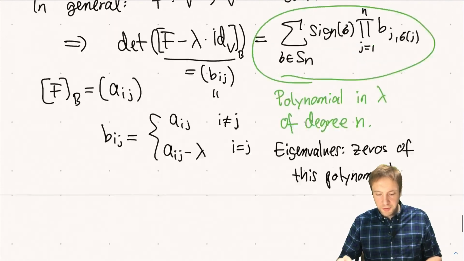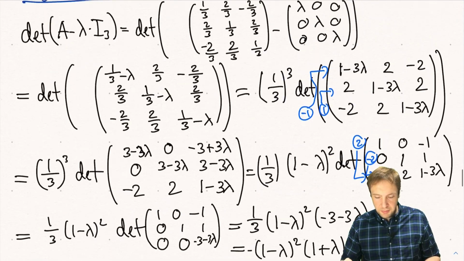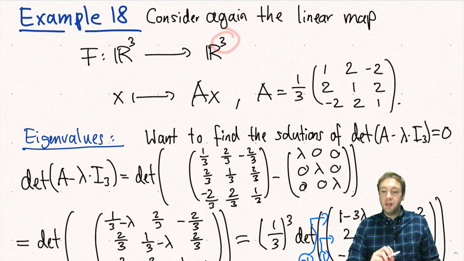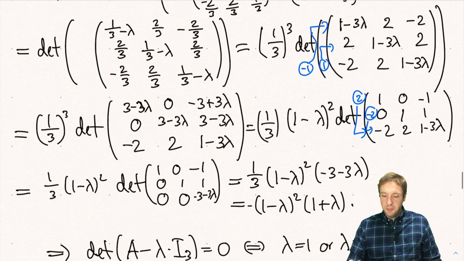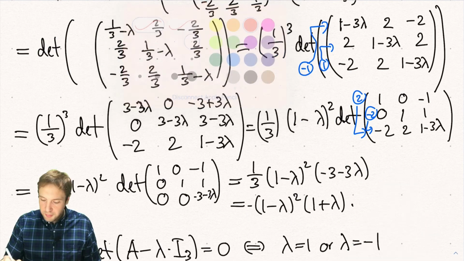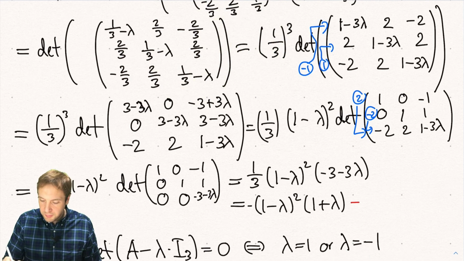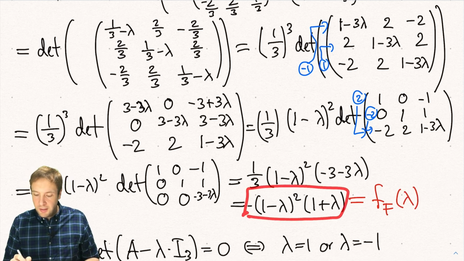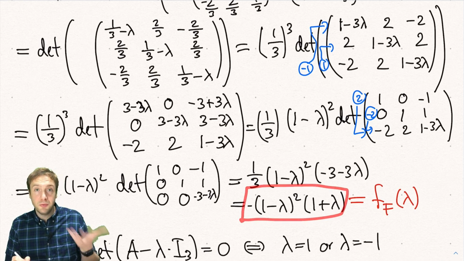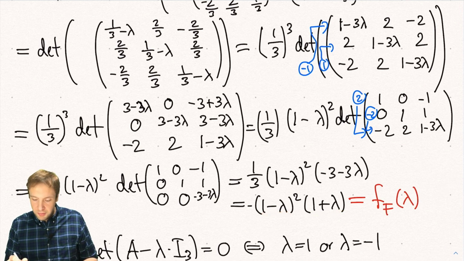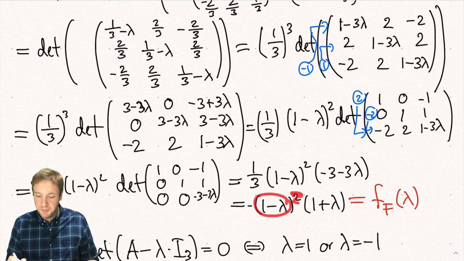So let's go back to our example. In our example, we were in the case when n is 3, because this is 3-dimensional. So here we see our polynomial, which we can now give a name: this polynomial here is now the characteristic polynomial of f. This is a polynomial of degree 3, and so we could have up to 3 zeros, but in this case we just have 2 different zeros, where the zero 1 has multiplicity 2.